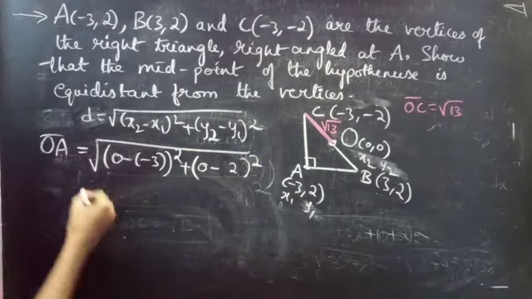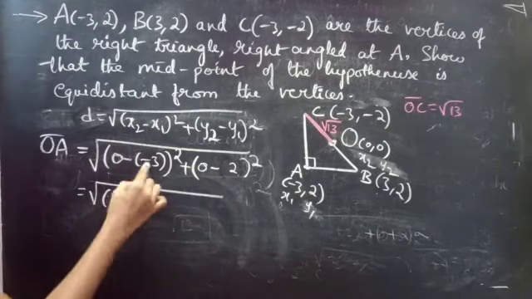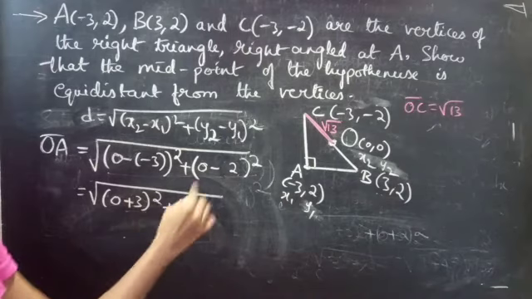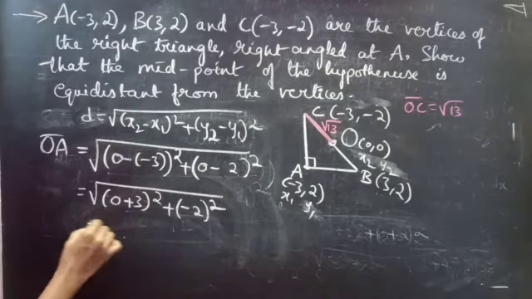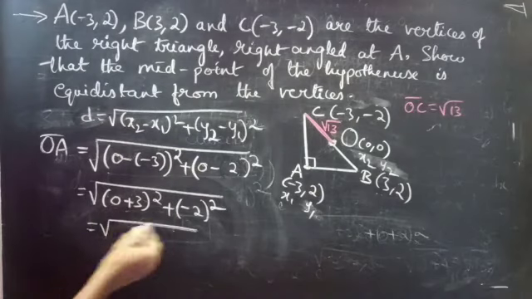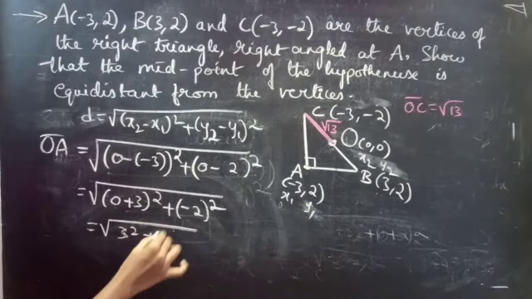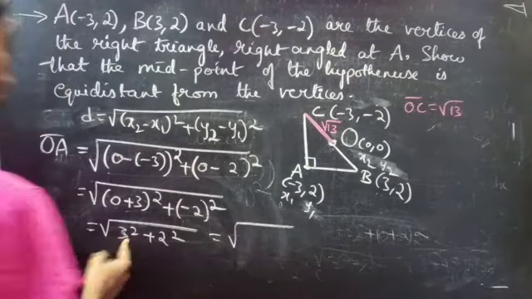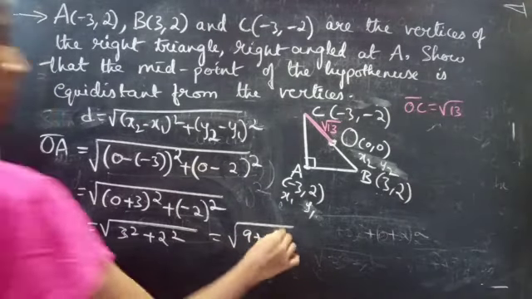So this equals square root of (0 plus 3) whole square plus (0 minus 2) whole square. Again you'll get 3 square, which is 9, plus 2 square, which is 4.